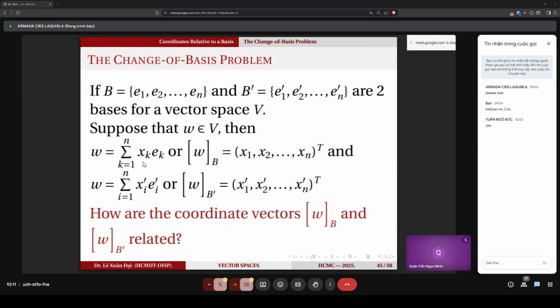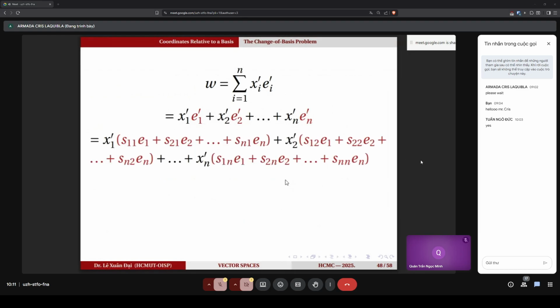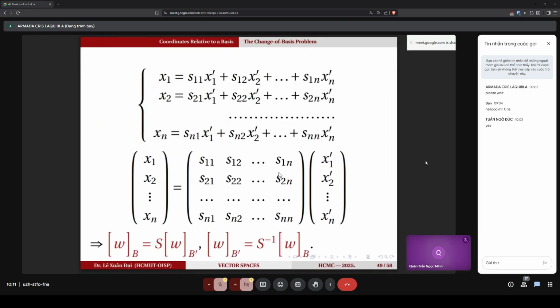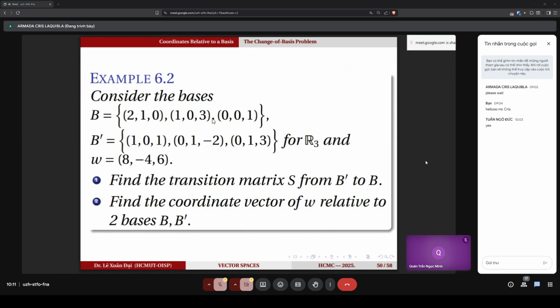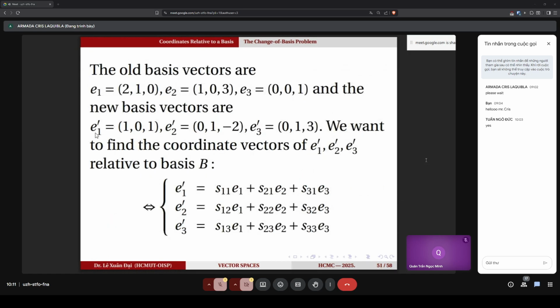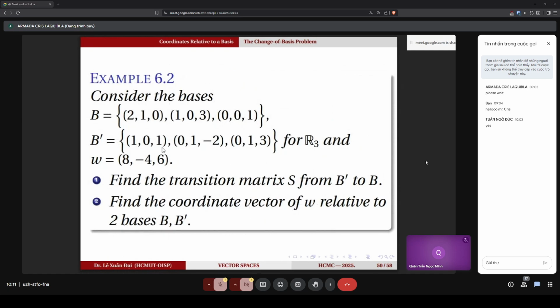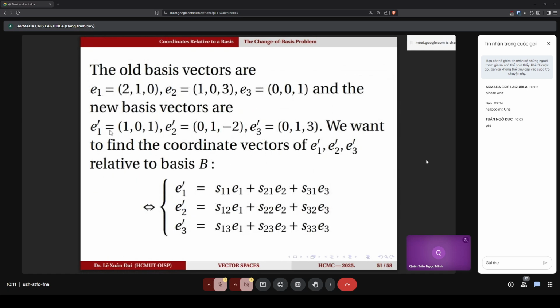If you go back here, your B is E1, E2, En. That is the label. And then your B prime vectors are E1 prime, E2 prime, En prime, so that we have the same labeling. So this one is E1, E2, E3. And then for the B prime basis, you have E1 prime, E2 prime, E3 prime.